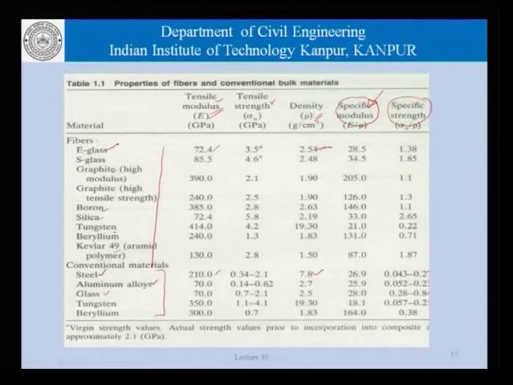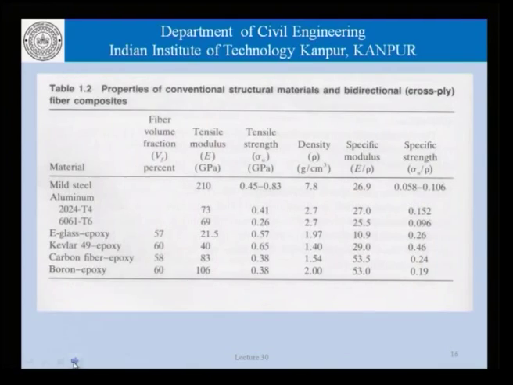So, if we look at those values, we find that the fibers are performing much better, because their tensile strengths are much higher. If we look at steel, for example, it is 3.5 versus 0.34. For graphite, it is 2.1 versus 0.14 and so on. The specific strengths are much higher, and so is the specific modulus.